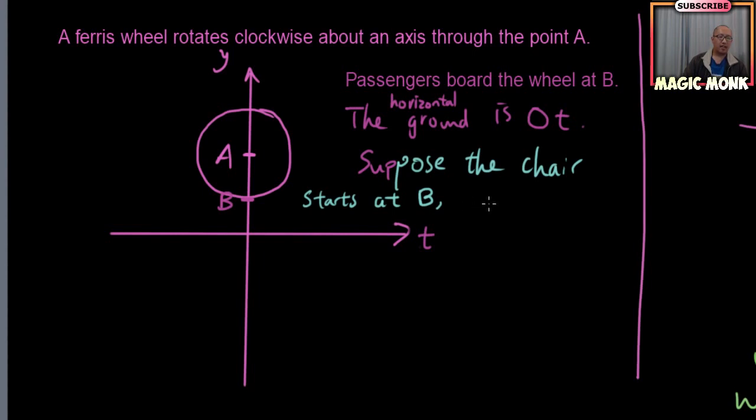Suppose the chair starts at B and t seconds later it is at P. Integration. Well, if you email it to me, Matt, I can probably work it out. Just email it to me.